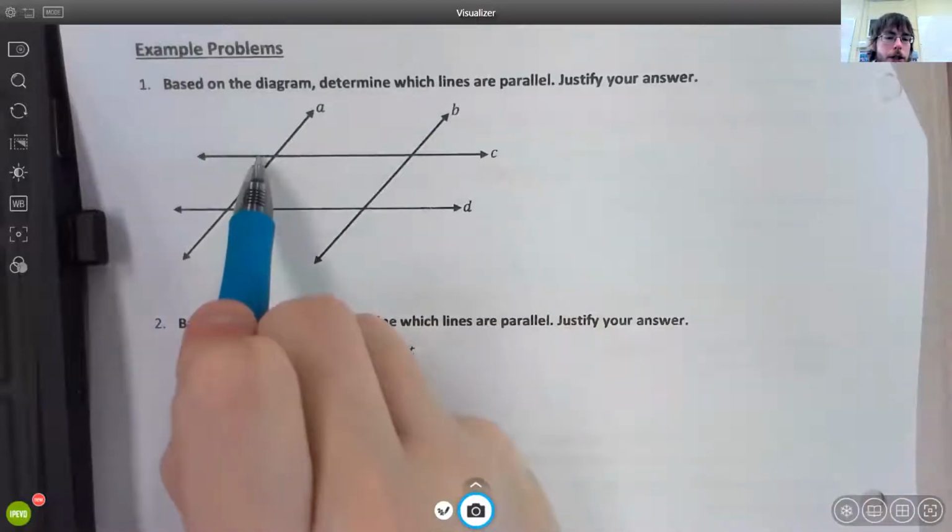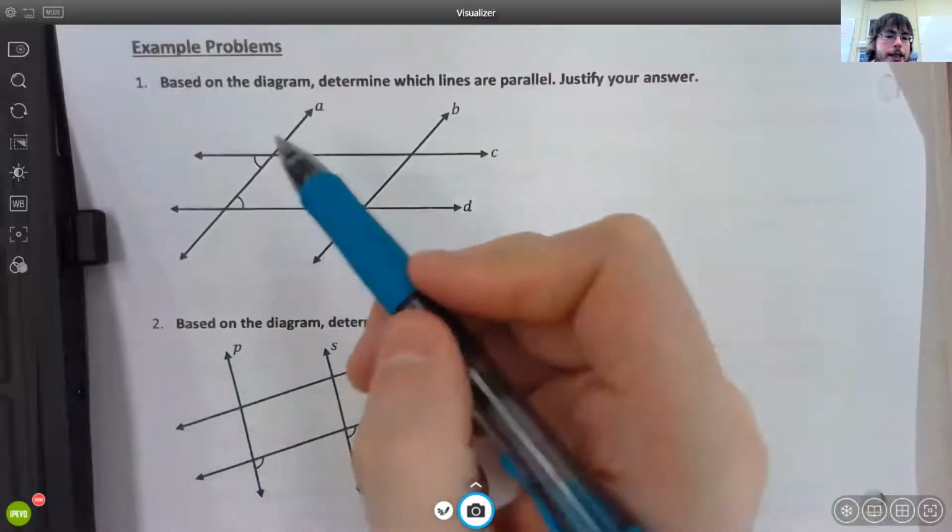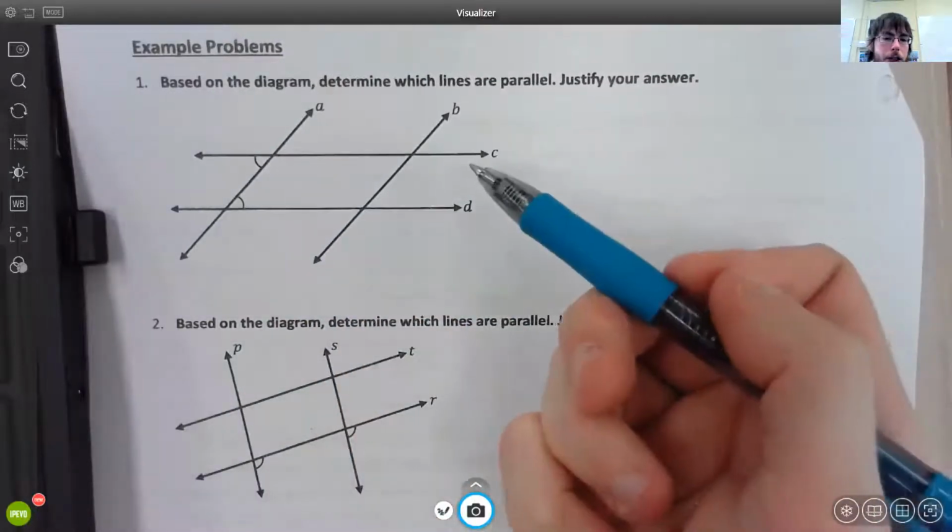So we have angles that are congruent here. The first thing we're going to do is see which lines these are attached to.